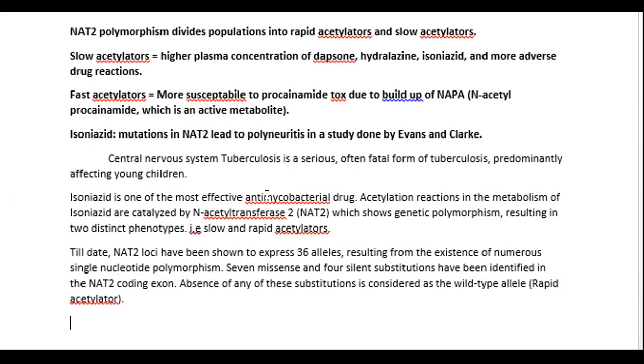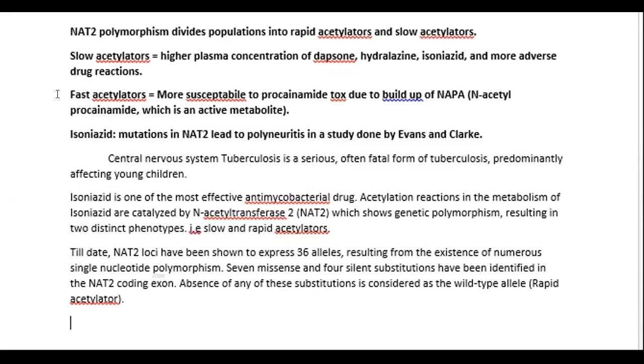Isoniazid, which is an antimycobacterial drug, is metabolized by NAT2. And this NAT2 has genetic polymorphisms, so it can be expressed as slow acetylators or rapid acetylators. When it is called slow or rapid, it means the NAT2 locus has 36 alleles and some 7 missense and 4 silent substitutions in the NAT2 coding exon. In the absence of any of these, it leads to rapid acetylators.